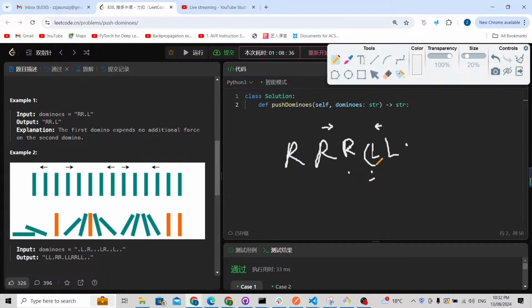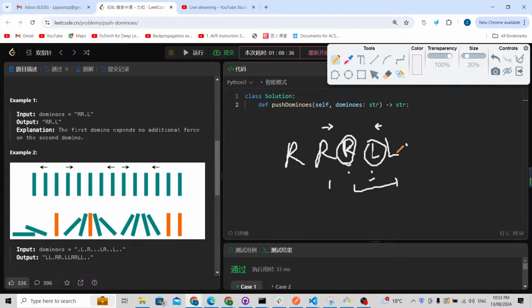So this dot is gonna become L. And for this dot, it has a distance of 1 to the R on its left side with this force from R, and it has a distance of 2 from the right side with the force of L. So definitely we're gonna choose the closer distance. So we're gonna choose this R, and this dot is gonna become R.